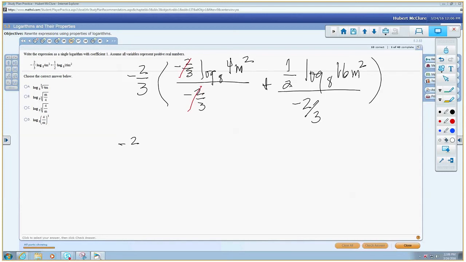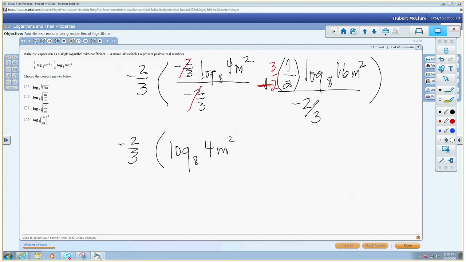negative 2/3, and that's going to give me log base 8 of 4m squared, and then 1/2 divided by 2/3 is going to be a fraction divided by a fraction. You multiply by the what? And that's going to make this a negative. And I'm going to put this reciprocal of 3/2 right here.